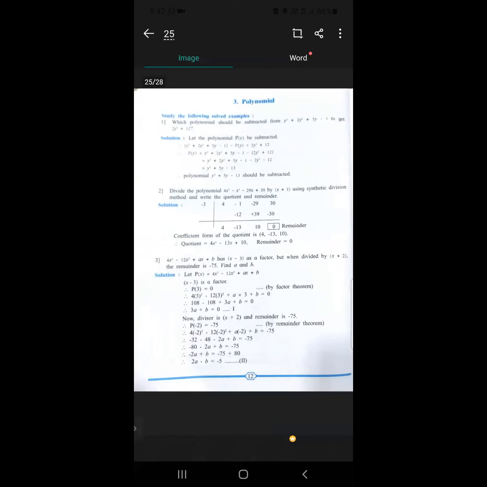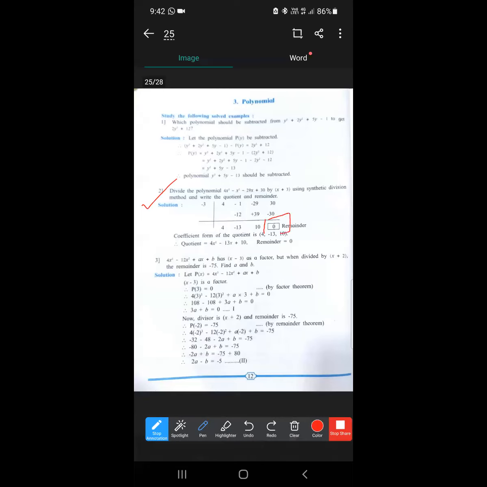Next, on page number 12, you can see some solved examples, students. In this solved example, you can see the second question, that is the synthetic division. See here, as I told you, whatever the last number you get is the remainder, and you need to make a box.